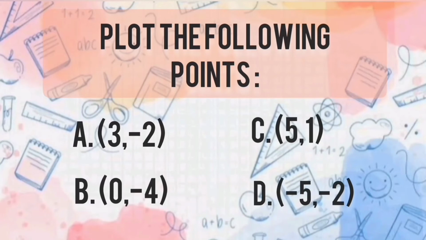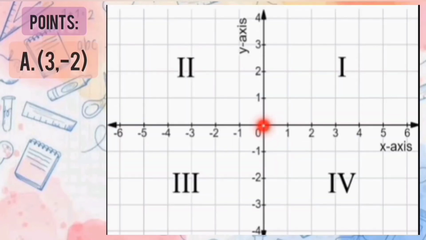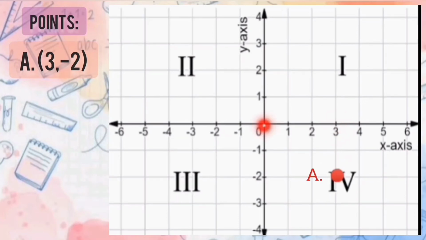And for point D, we have negative 5 and negative 2. So first, we will plot our point A. Start from the origin, and since our abscissa is positive 3, move 3 units to the right and 2 units down. As you observe, our point A is located in quadrant 4.